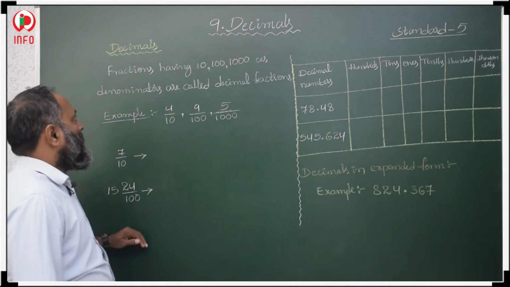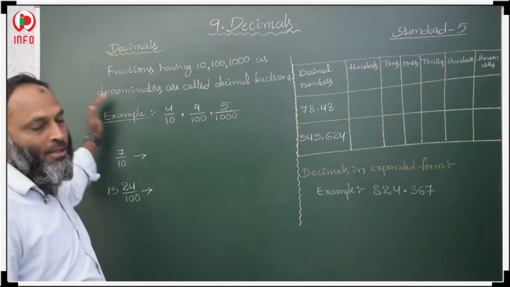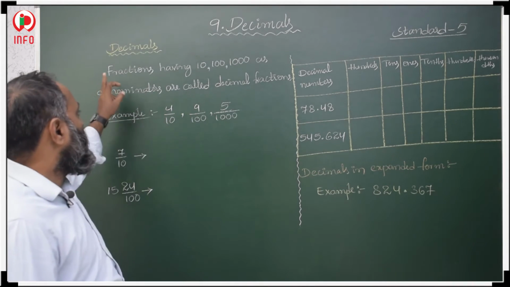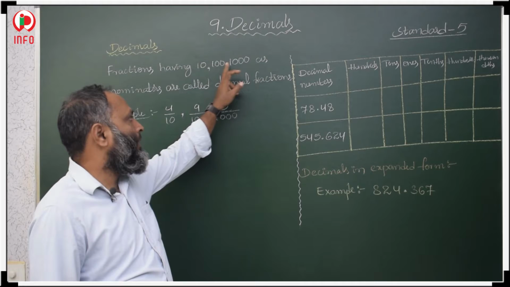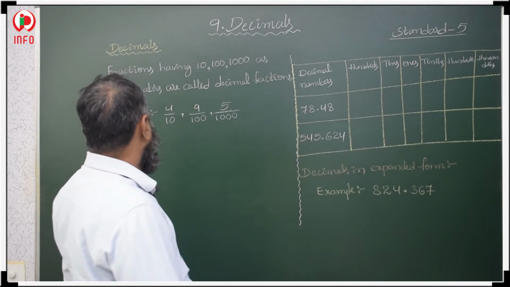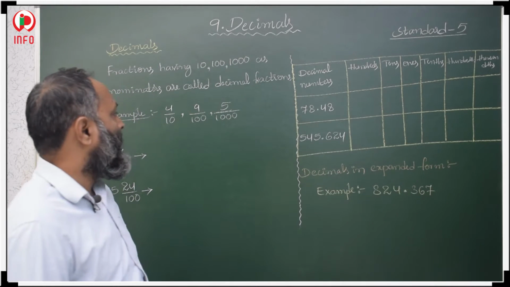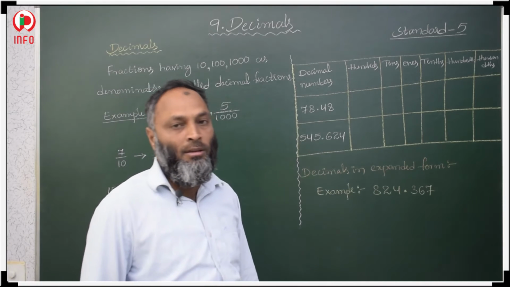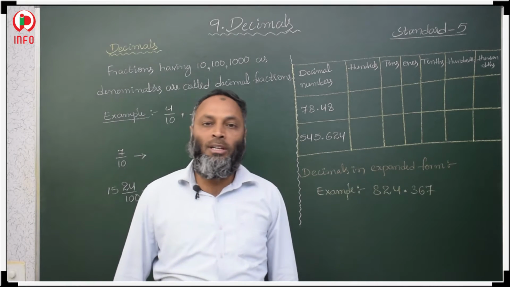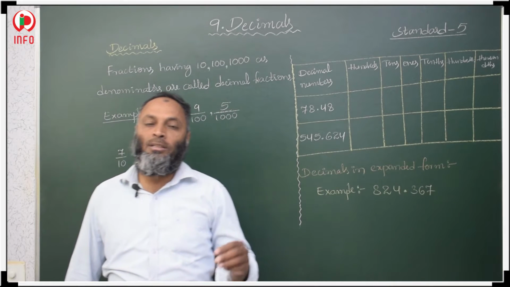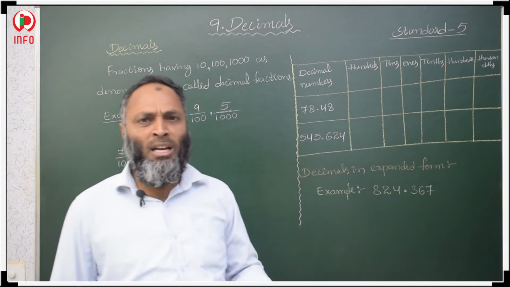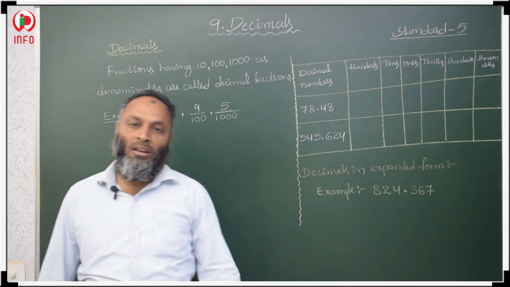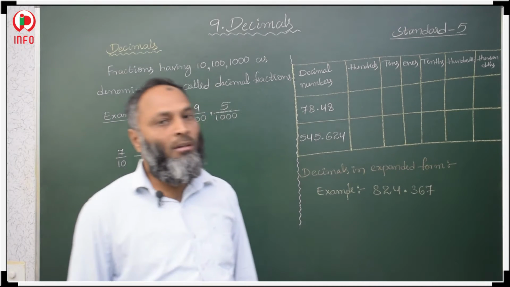Now, see here, the decimal definitions before we discuss what a decimal is. Fractions having 10, 100, 1000, and so on as denominators are called decimal fractions.